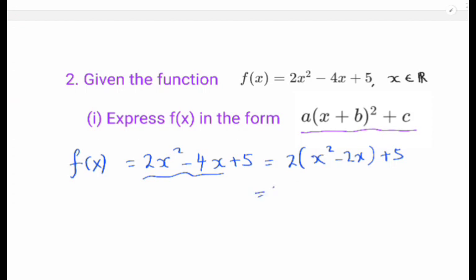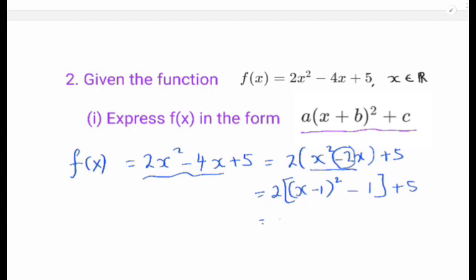So this is same as 2 (x minus 1), okay, here the minus 1 is from here, the whole thing squared, and then minus back 1 squared. You can see my earlier video on how to do this, completing squares.